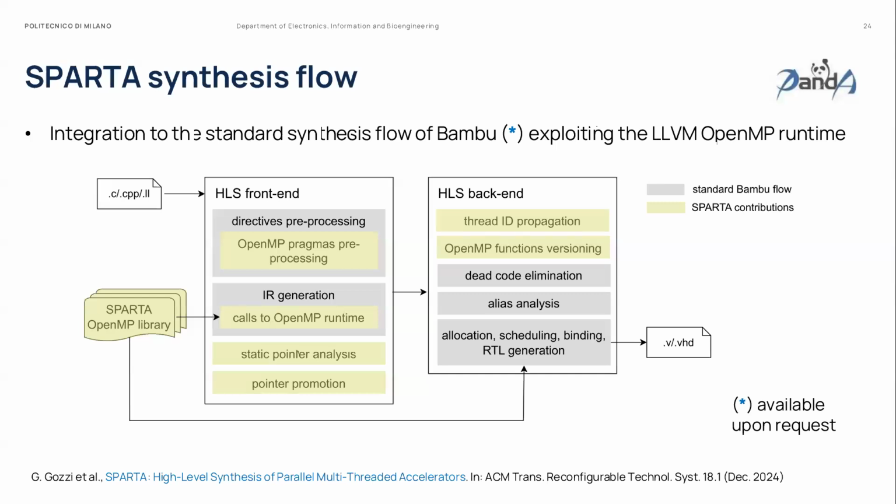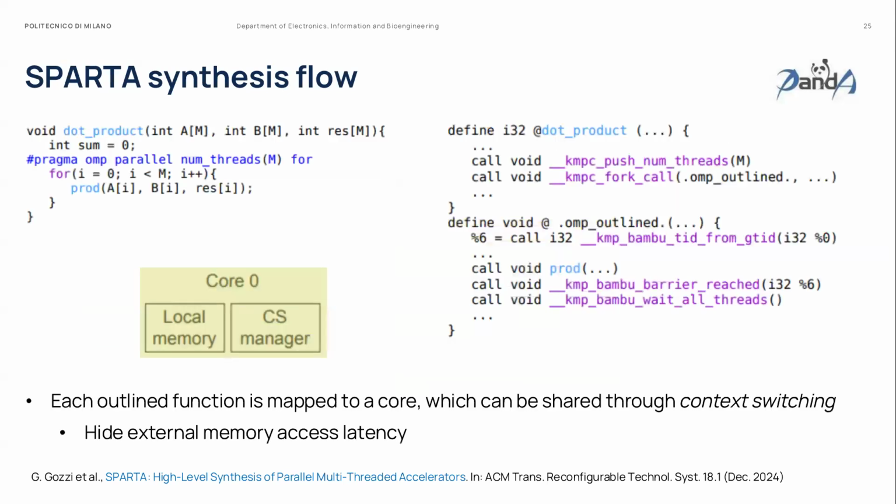We have a library of hardware components that replace calls to the OpenMP runtime. So when we have this input representation, we use Clang to translate that into an LLVM IR with the OpenMP runtime, and then we substitute the calls to the OpenMP runtime with calls to our functional units, basically. And then there's some more optimizations along the way that make this run smoothly.